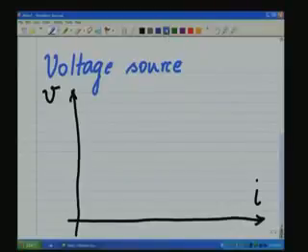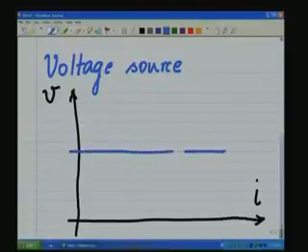Now, if we look at the plot, you will see that in the case of the voltage source, the voltage will be a constant with respect to the current I. So, whatever may be the load current, the voltage will be a constant at some value, let us say V naught.